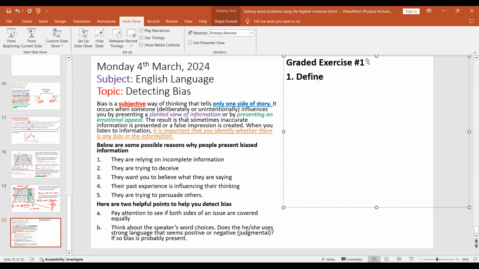Number 1 is define bias. Number 2, true or false? Bias can be intentional or unintentional.